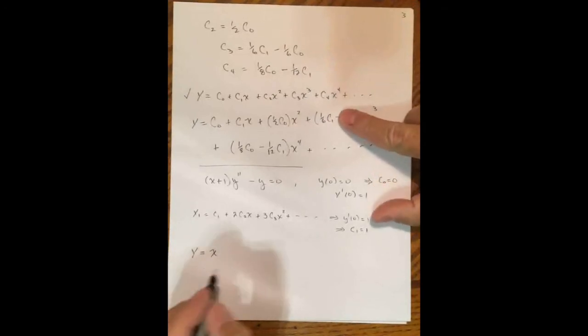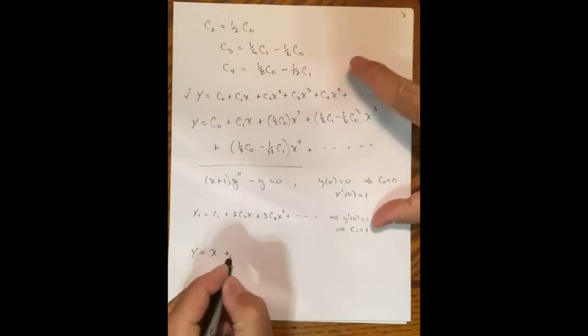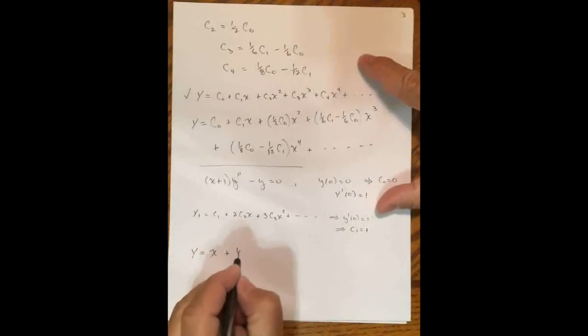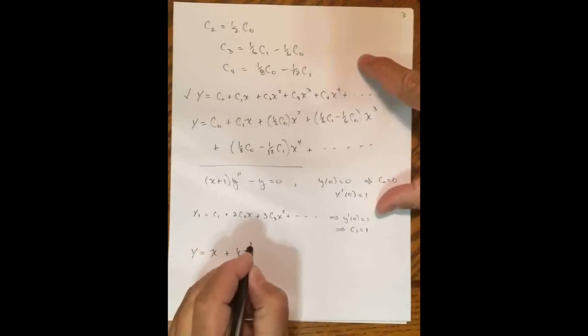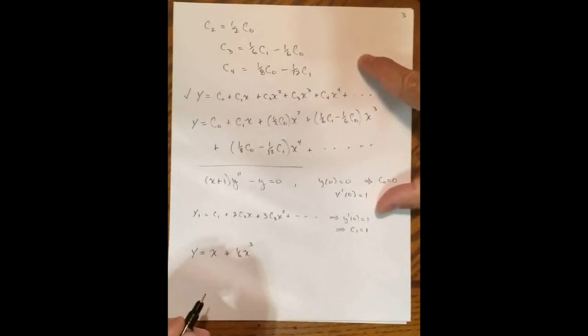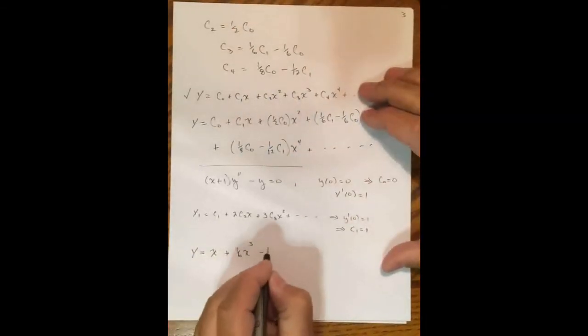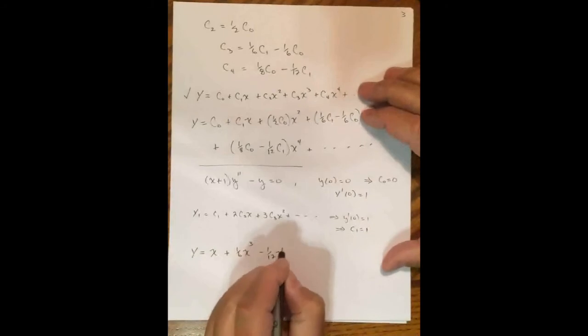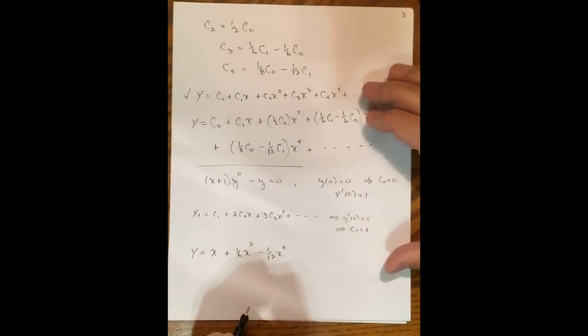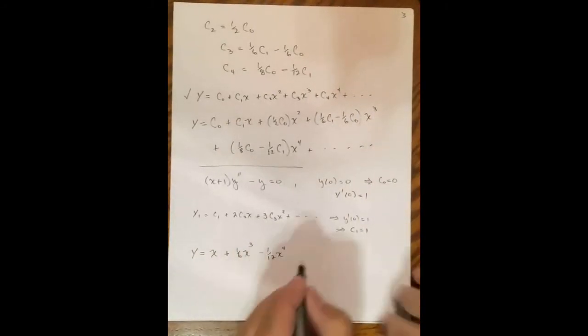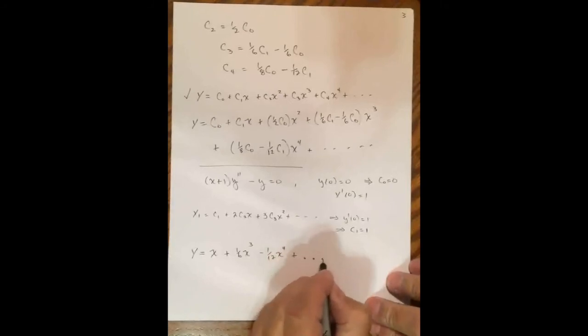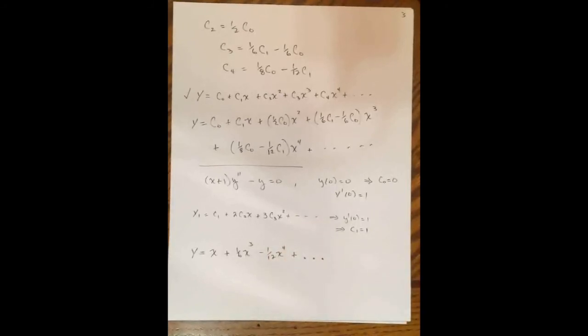That is 0, so we'll get plus 1/6 x cubed. And then that's 0, and then we'll have a minus 1/12 x to the 4th. On and on and on.